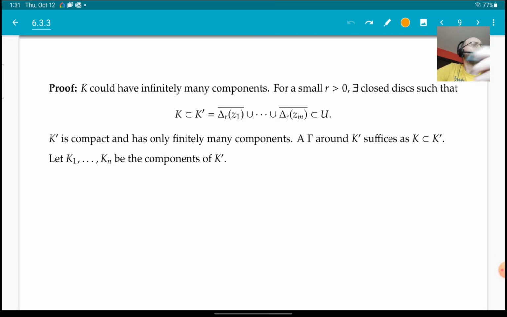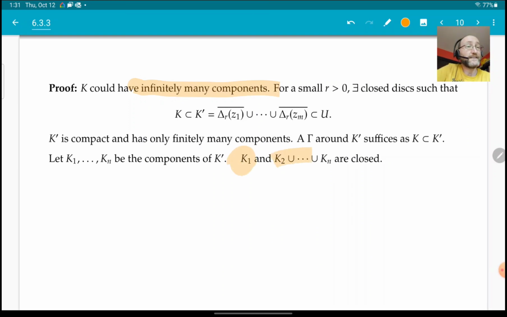All right, so now we have K, and it has finitely many components, K1 through Kn, right? So, and this is the reason why we had to first get rid of the infinitely many components. Let's split up K into 2 bits, right? K1 and the union of the rest. And we want both of those to be compact.